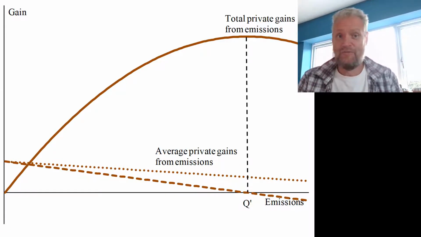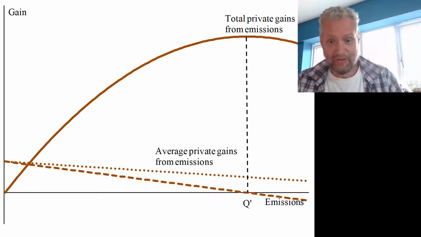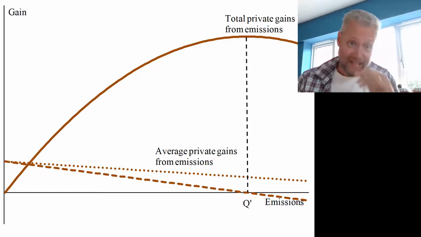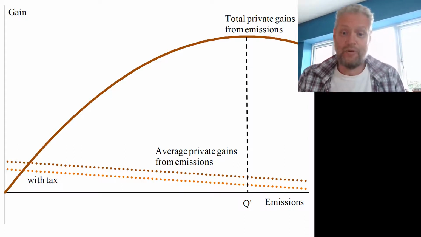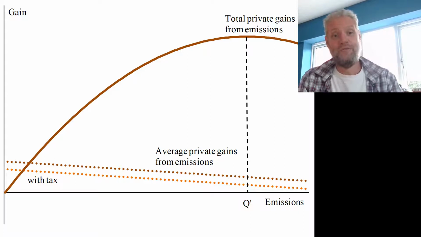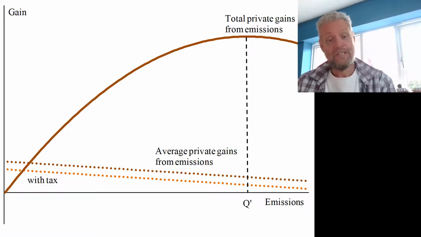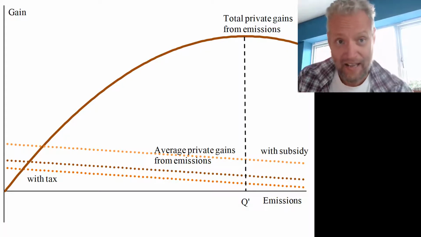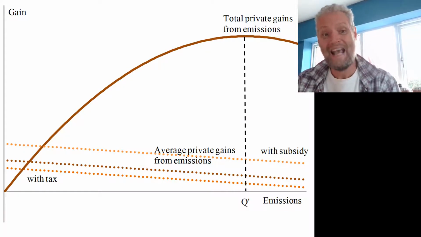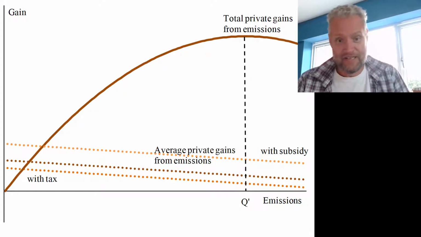Now what happens if we introduce an environmental tax? Essentially you're giving money to the exchequer, and that means that there's less money in your pockets, and therefore your private gains fall. With a subsidy, your private gains increase because you get money from the exchequer.